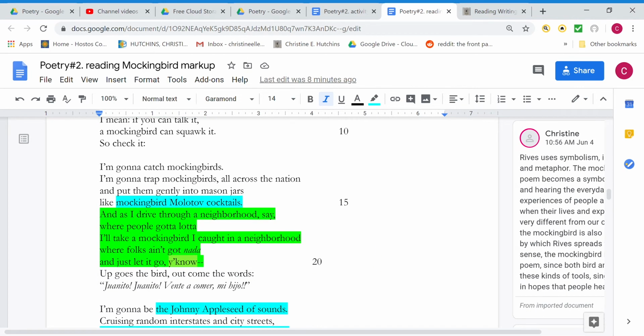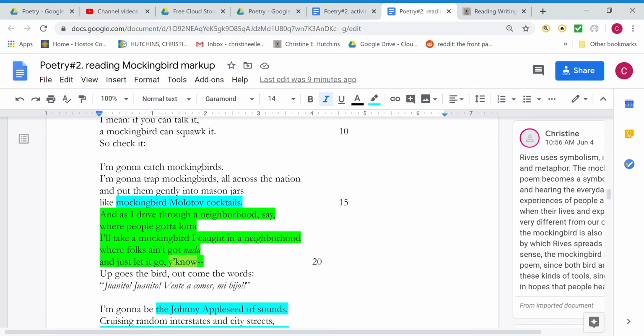The next in the green highlighted, as I drive through a neighborhood, say, where people got a lotta, I'll take a mockingbird I caught in a neighborhood where folks ain't got nada just to let it go, you know. This is both literal because literally he's imagining that he's collected all of these mockingbirds and had the mockingbirds fly around neighborhoods and hear everything that people say so that they can imitate them.